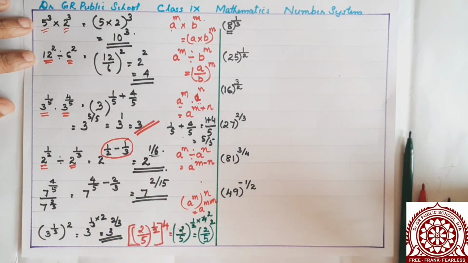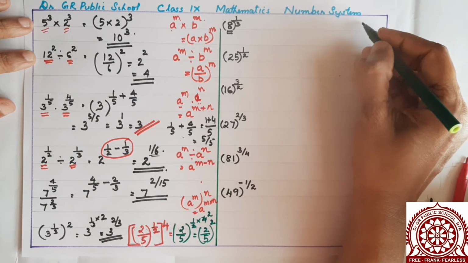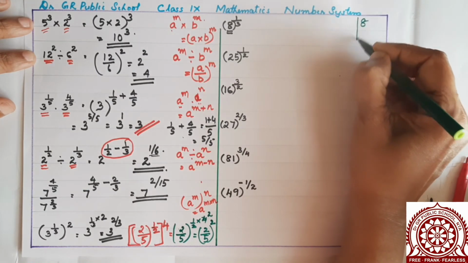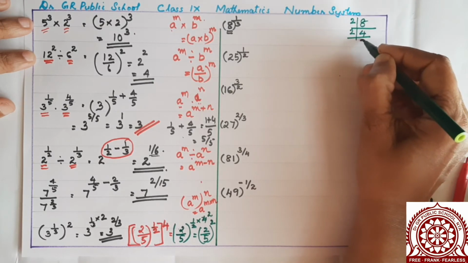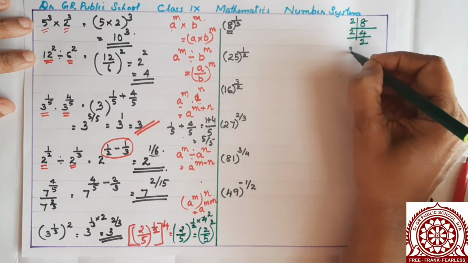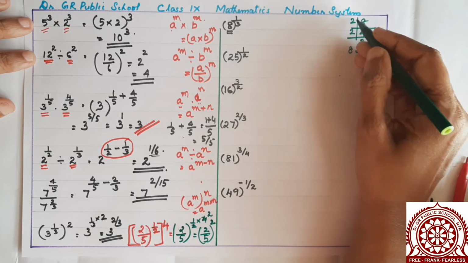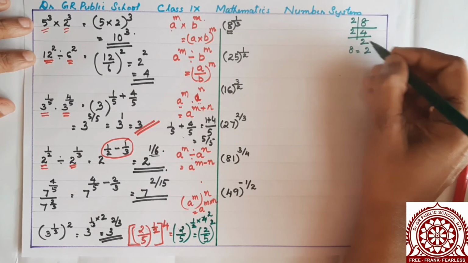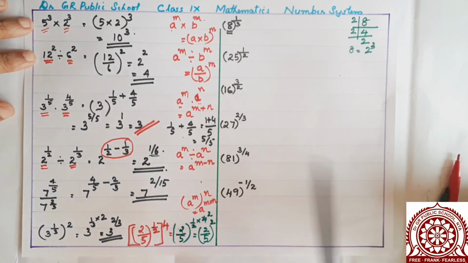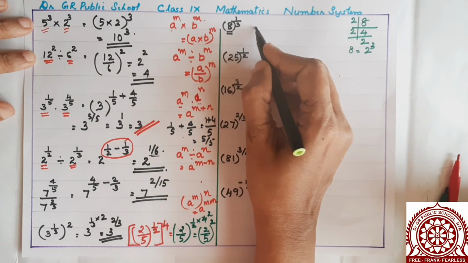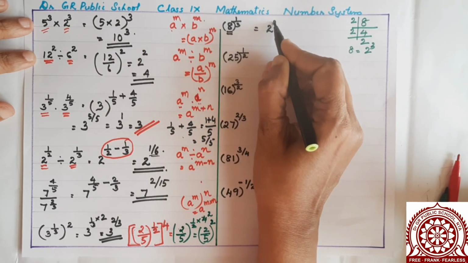Here, what is the base? 8. So, 8, you can do the prime factorization. 2, 4, 2, 2. So, 8 can be written as how many times of 2? 2 raised to 3, 3 times. So now in the place of 8, we can write 2 raised to 3.